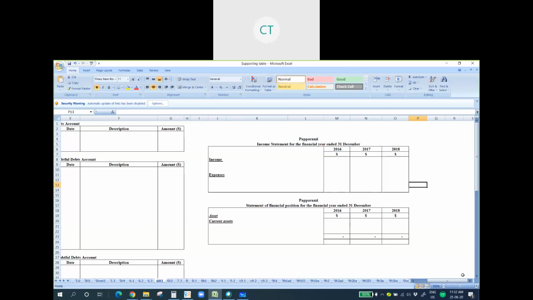So can we proceed? How about others? Have you finished the drawing of the ledger?